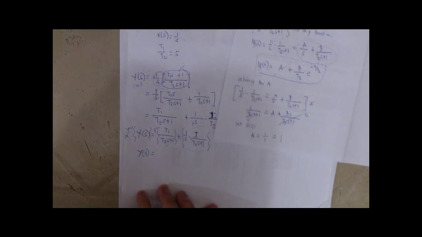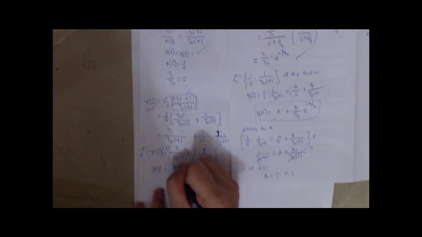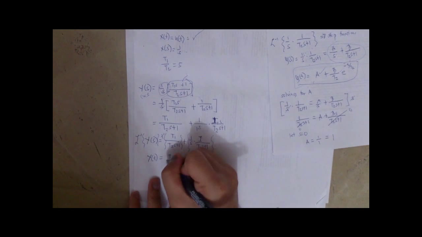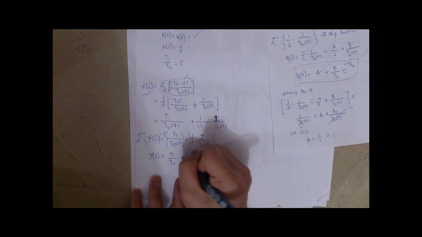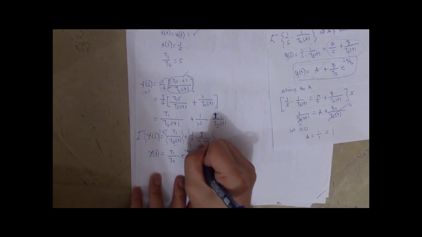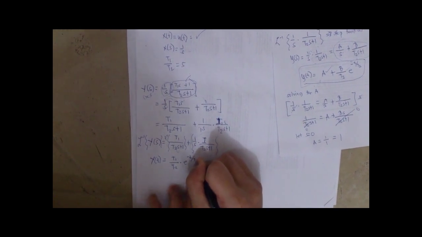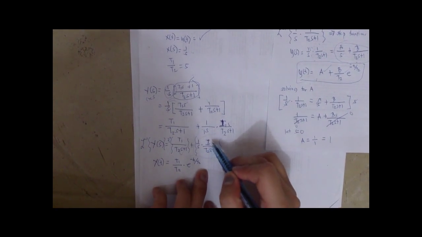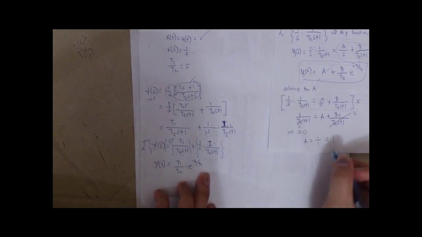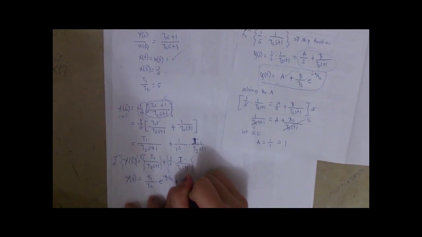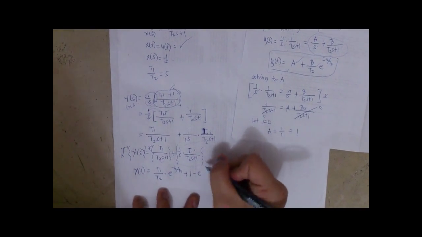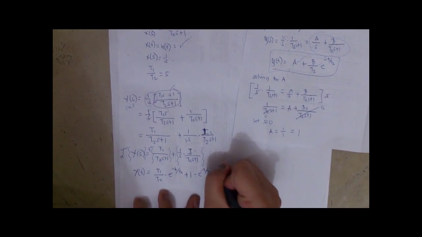Ato na lang ni isulat. Ang first is kani. Diba? So, y of t kay t1, t2 times e negative t2. Plus kani dayon. Kani, yung Laplace inverse nga kani. So, plus 1 minus e negative t2.